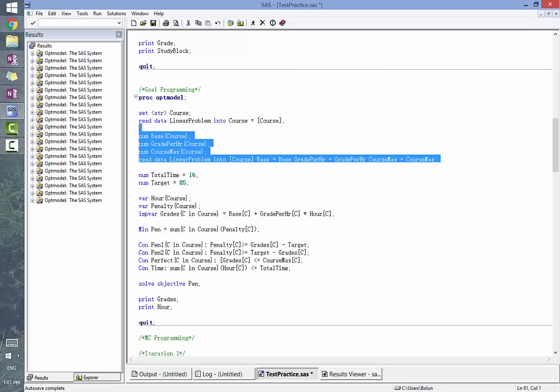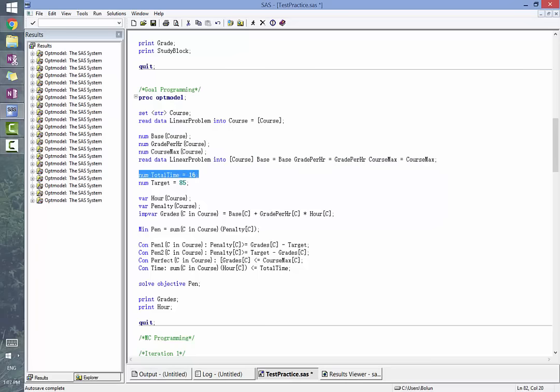Remember, none of this really changed. We create our total time, and we create the target. So here are the differences between goal programming and linear programming. Instead of simply making decision hours, we're creating a variable called penalty that depends on course. Now, we're not really making explicit decisions on this.